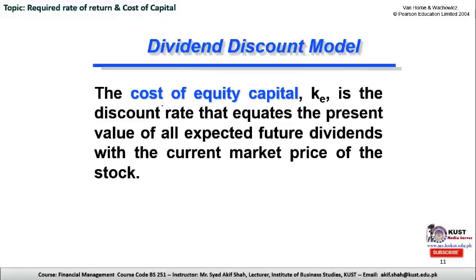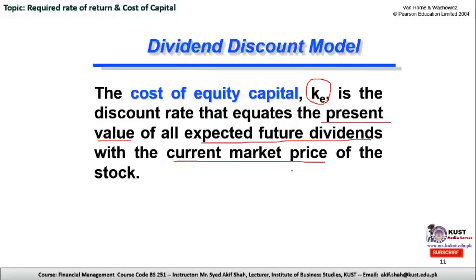So what is the cost of equity capital? The cost of equity is usually referred to as KE. K with the subscript E is the discount rate that equates the present value of all expected future dividends with the current market price of the stock.